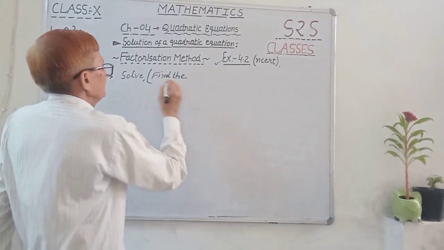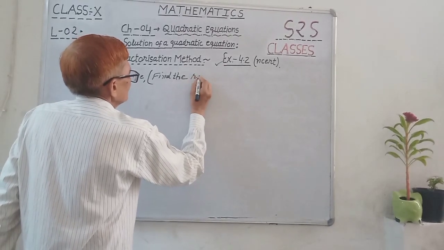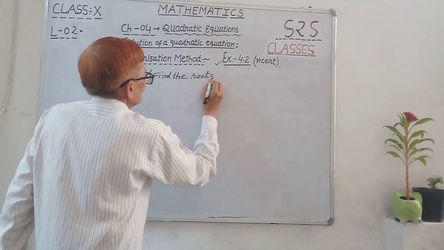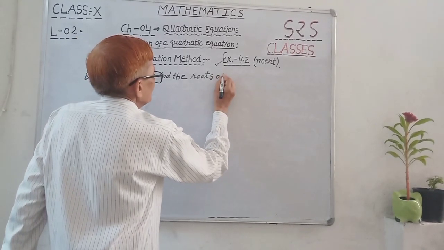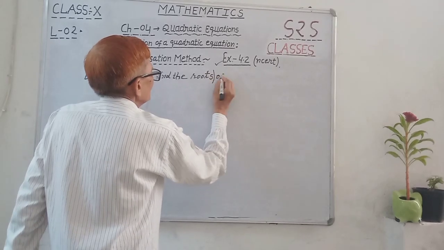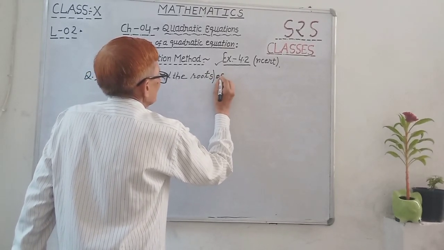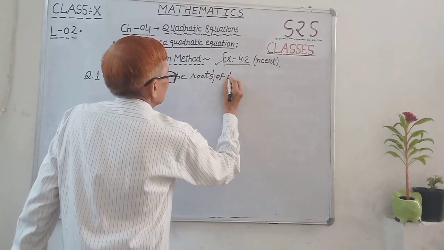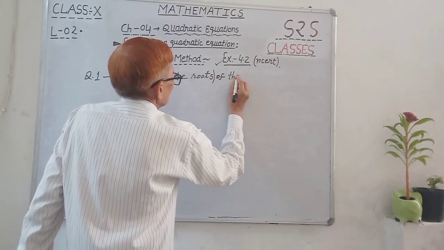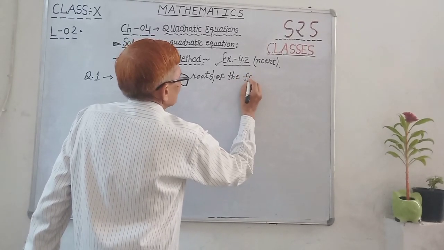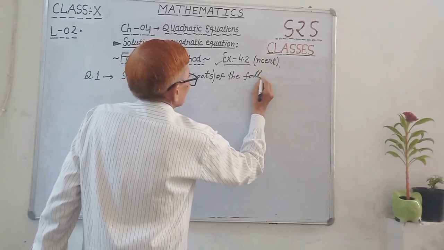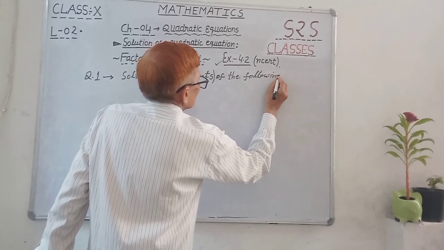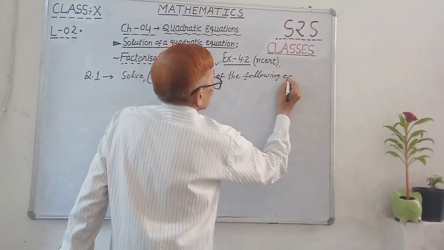Value of x we have to find. So find the roots. We are saying roots, value of x we are saying roots. Find the roots of, solve the following equations.